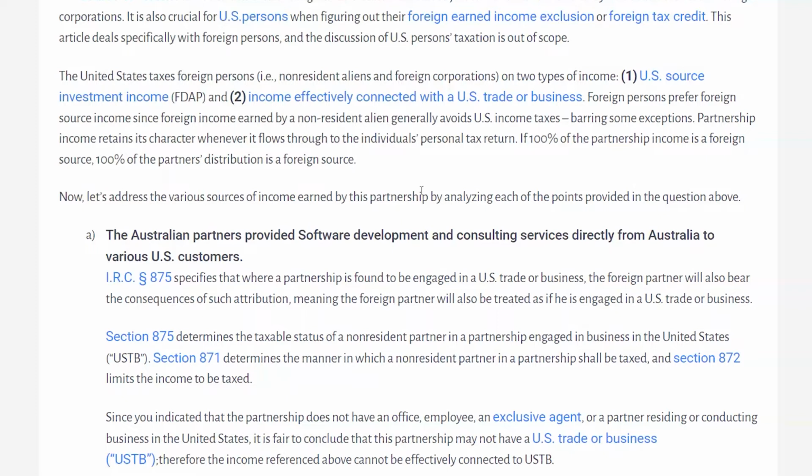And as I've explained, in my practice, it's not very common that I see a foreign person earning foreign source income and doing something in the U.S. that has caused that income to be effectively connected. It doesn't usually happen, but it is there.